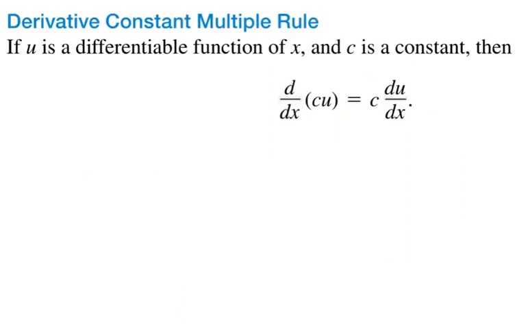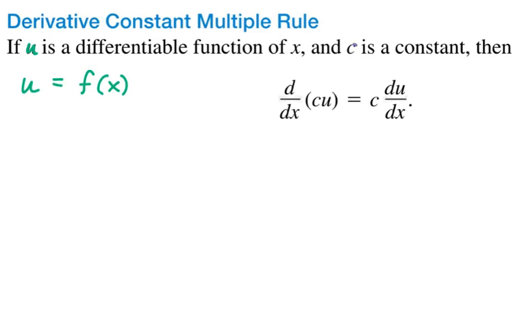So now that we've talked about the derivative of a constant and we know our power rule, we're going to say we have this derivative constant multiple rule. And all this says is if I have some u, and all u represents is a differentiable function of x. So that means u is f of x, we can take the derivative of it.